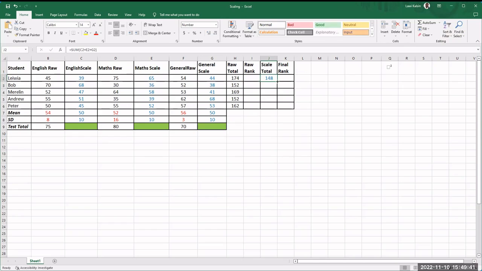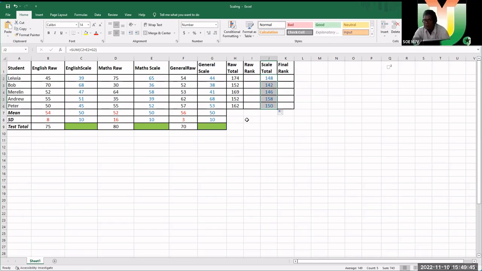Yeah, and now you have your two sets of scores. This is the total row scores, and this column here is the total scale score.